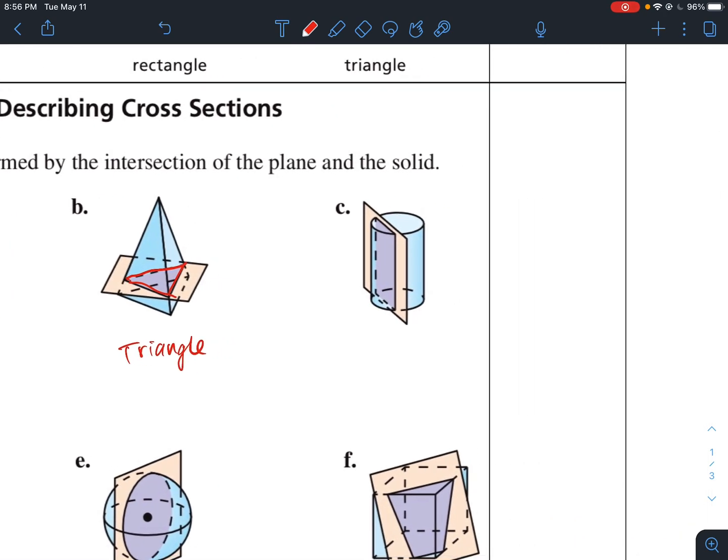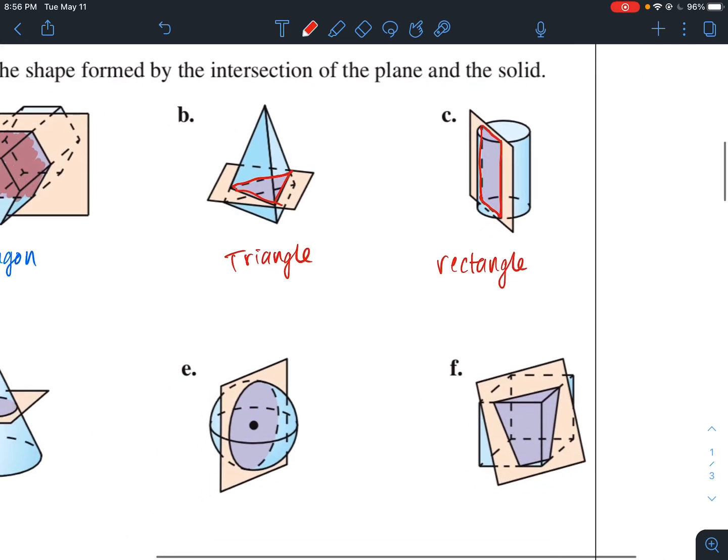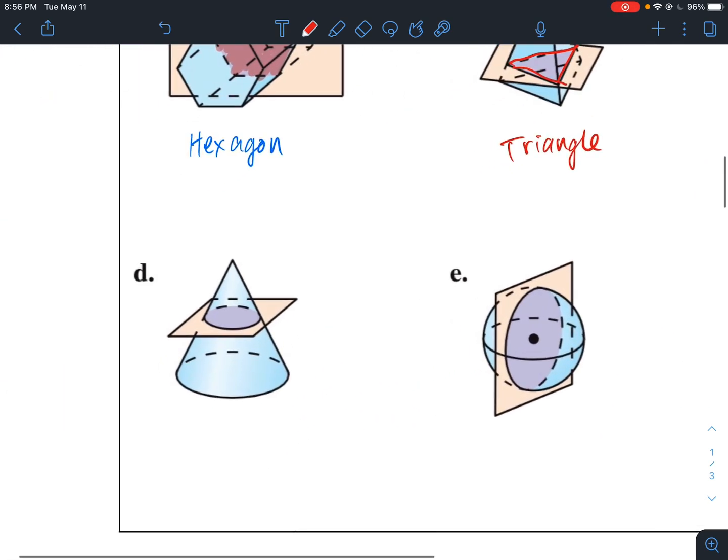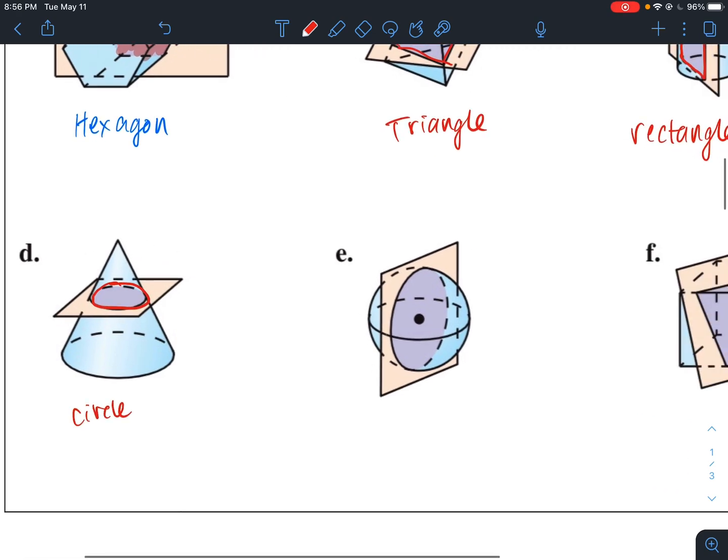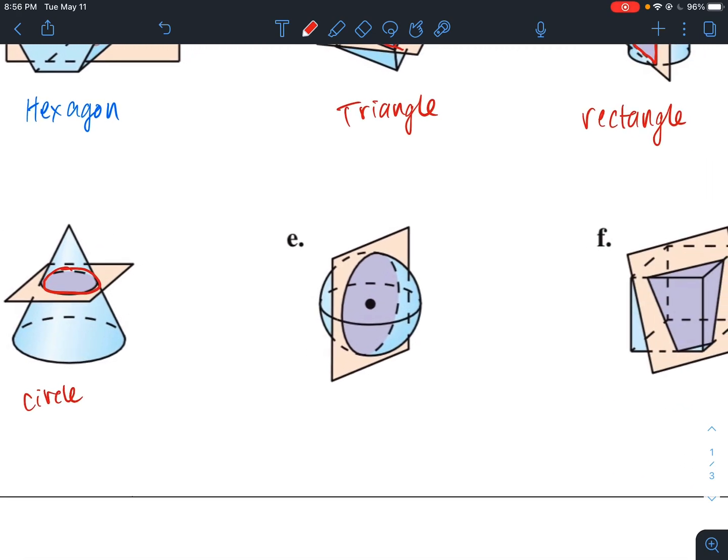Here, this is a cylinder being cut by the plane. I'm going to just outline the cross section right there, and you can see that it's going to be a rectangle. For D, that's going to be a circle. For E, likewise, this should also be a circle.